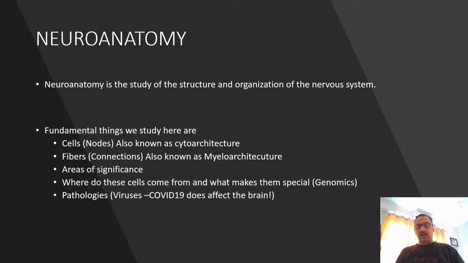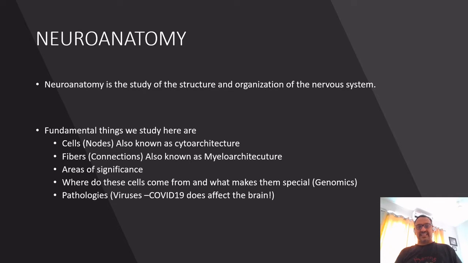So let's go to how exactly we do this, right? This is called neuroanatomy, and basically neuroanatomy is defined as the study of structure and organization of the nervous system. Now, this is very different to neurophysiology, which is basically finding out what the function of a particular brain area is and then figuring out what is happening.